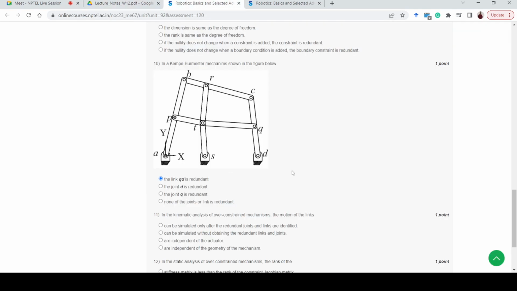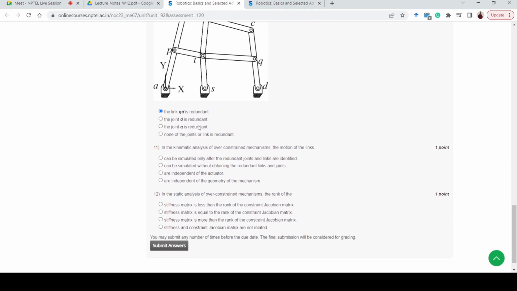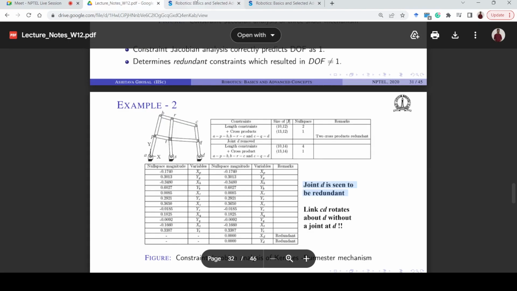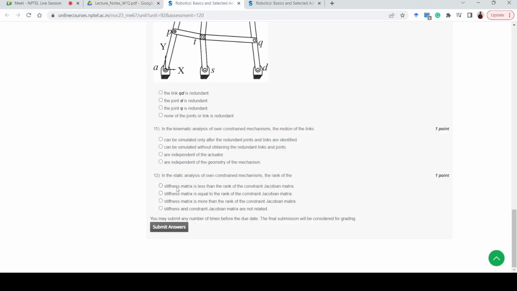So basically that constraint is not required, is not playing any role. And again, everything is either directly given in the lecture notes or is very closely related to the lecture notes. So if you go through the lecture notes and the lectures, you will be able to do all the questions.